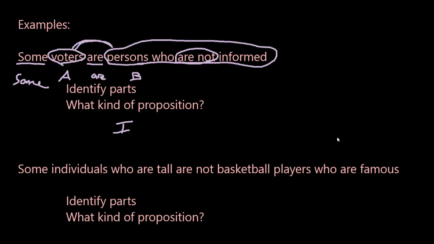Now let's look at this next one. Some individuals who are tall are not basketball players who are famous. So again, we want to determine the quantifier, the subject term, the copula, and the predicate term. Again, our quantifier is going to be the word some.